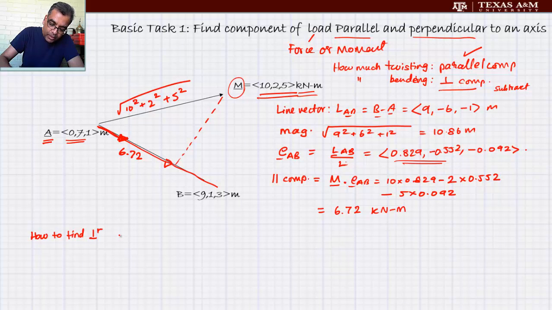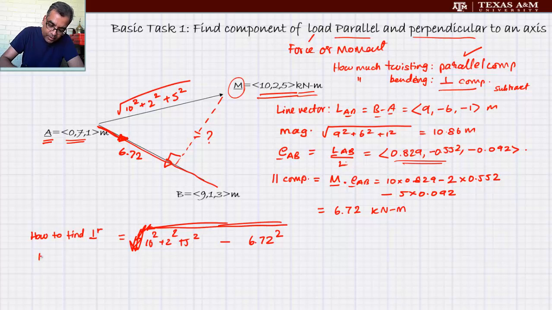So the perpendicular component, by using Pythagoras theorem, equals the square root of 10 squared plus 2 squared plus 5 squared minus 6.72 squared. This is basically Pythagoras, and you will get the answer to be 9.15 kilonewton meters.